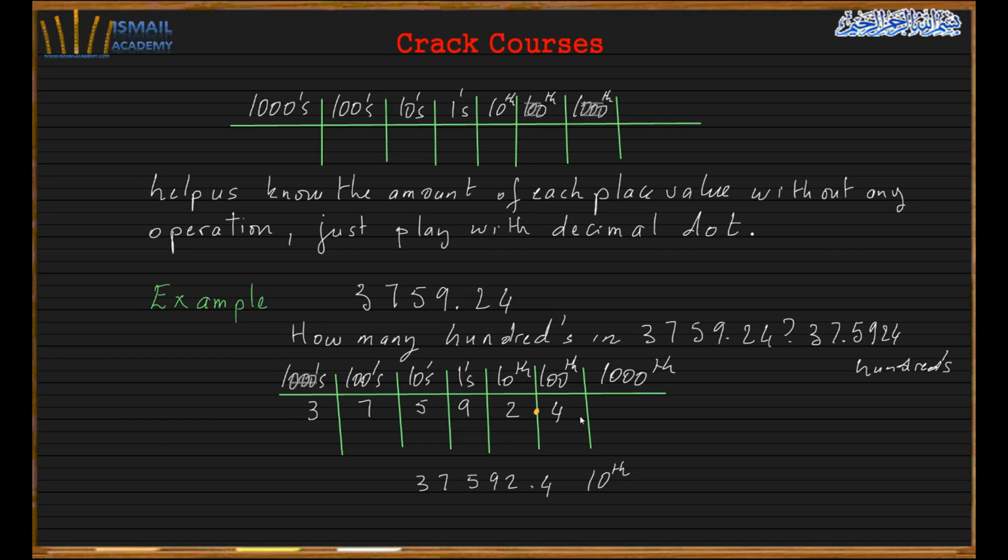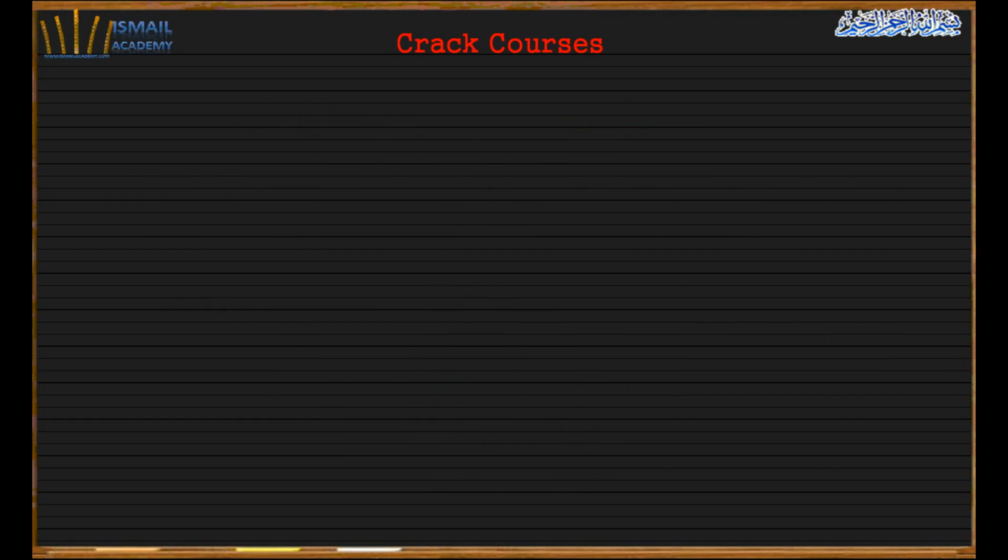So that's the idea behind root 10. I just need to move the dot to the place value they ask for. And sometimes, if you remember, some people, when you ask them how much you have, say, okay, I have 1200, for example.